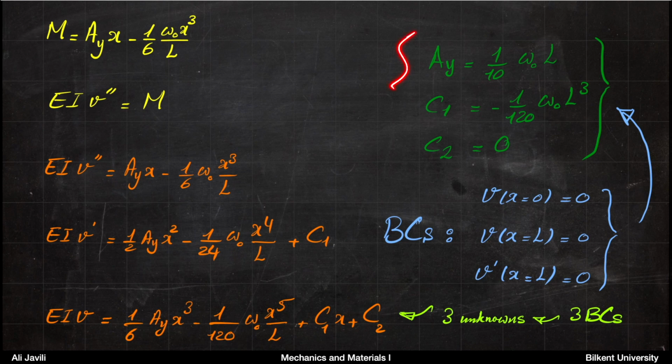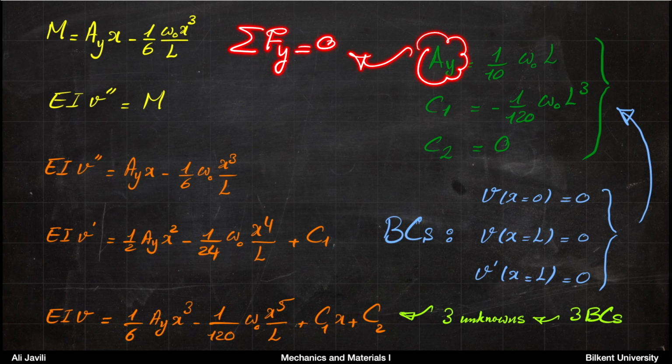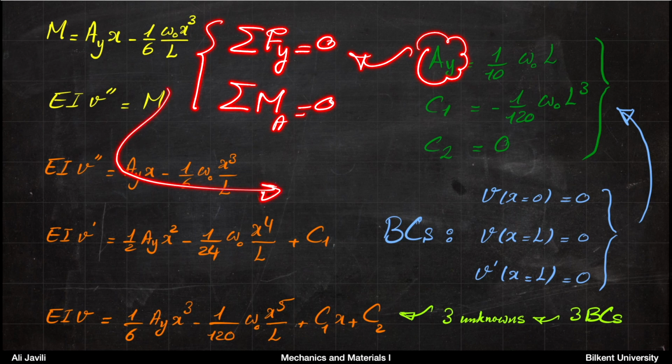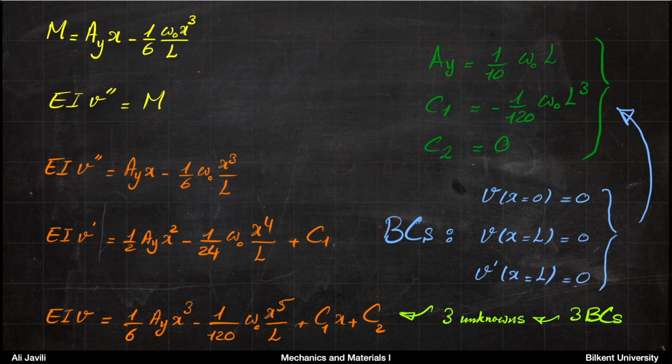Now, once you have these, and in particular this, then you have your two equilibrium equations, which you have not used yet, for the entire system. So if we draw the free body diagram for the entire system, and those two equilibrium equations, then they give you By, and they give you the moment at B. So the support reaction at B would also be calculated.